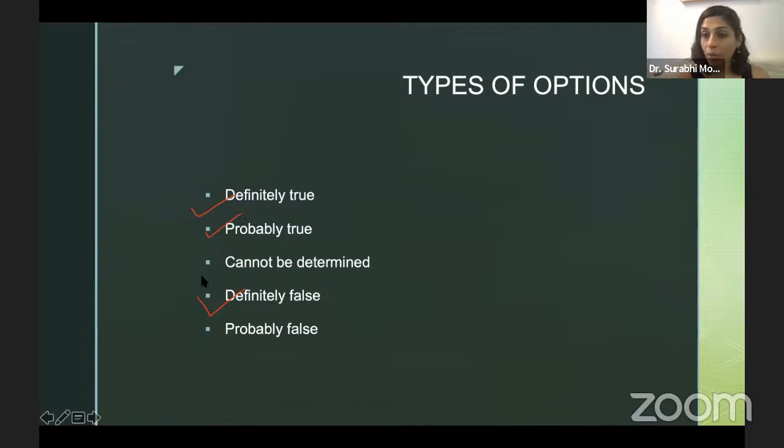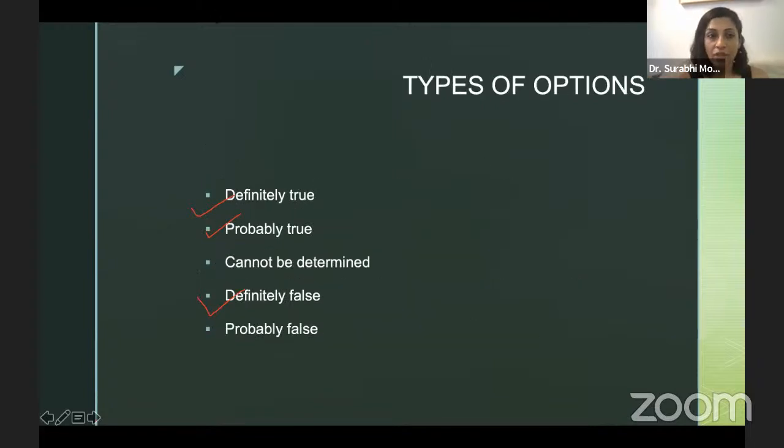Then there is a type where you have to read the statement and maybe neither can you say it is true or false. So there is a cannot be determined as well here. So these are some of the options that you could get.